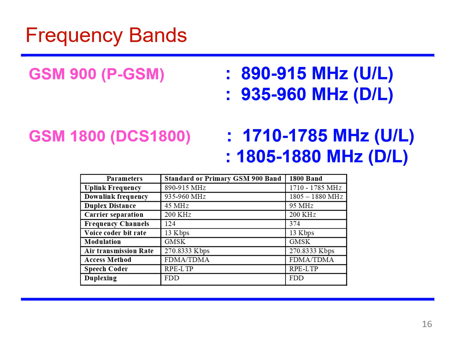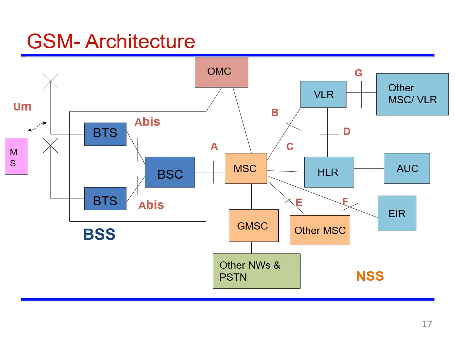Coming to the carriers, GSM 900 gives you 124 and GSM 1800 gives 374 carriers.